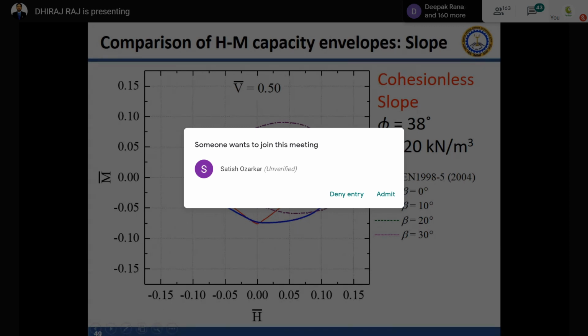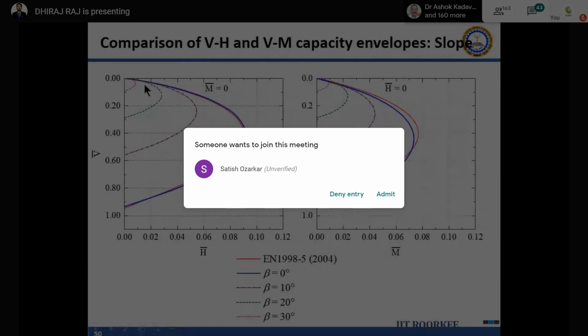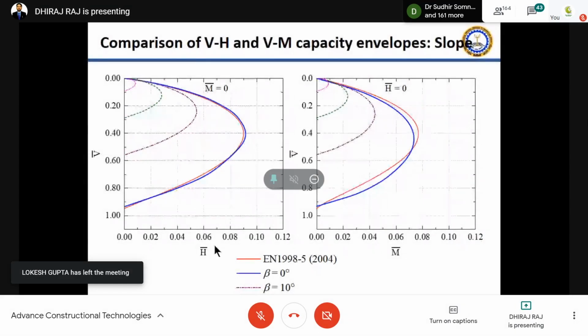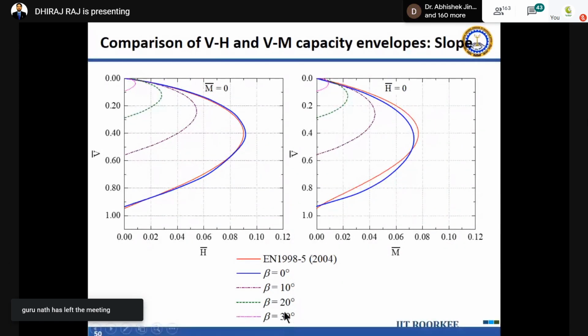So very clearly, these methods given in Eurocode or any other codes are not applicable to foundations on slopes. Similarly, if you go in the VM plane or VH plane, again with the beta slopes compared with flat ground, at 10 degree, 20 degree and 30 degree, for 30 degree you can see the capacity is way smaller.